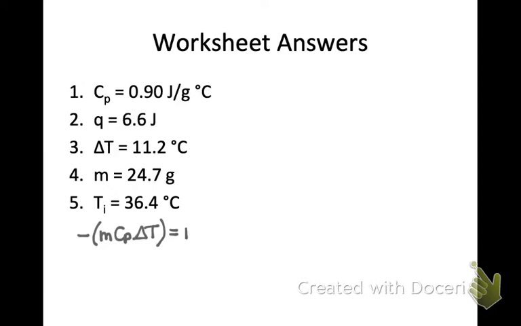The water side, the delta T ends up being positive, so we don't need to worry about the negative in front of that side. So let's plug in what we know. The mass of the metal is 2.5 grams.